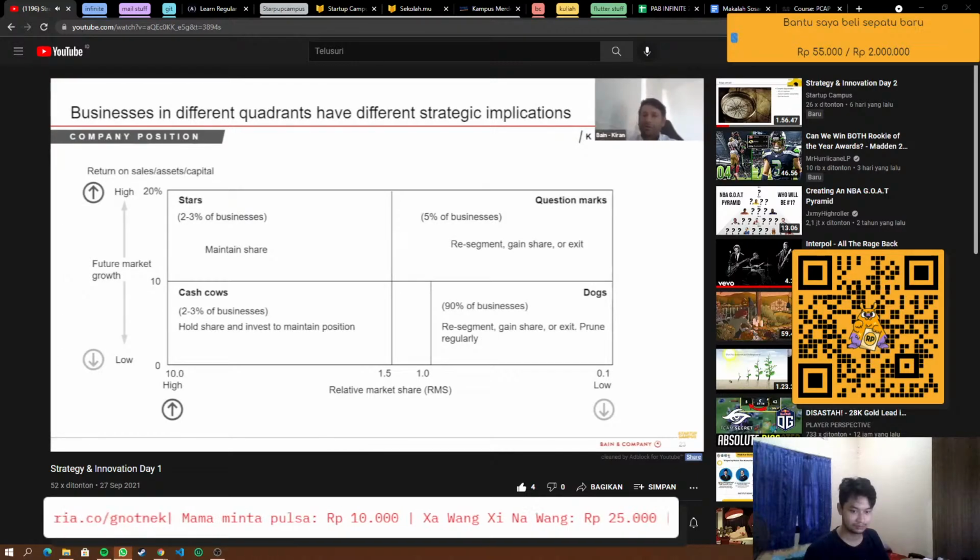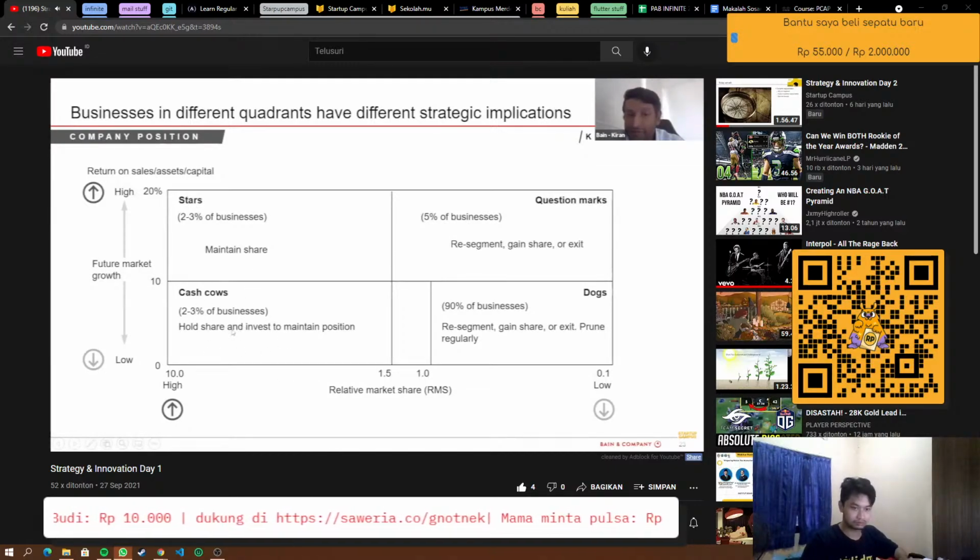And so typically, if you look at any existing business, this is our empirical data. Bain's done a lot of work with a lot of companies, and we typically see that 2 or 3% of your business are stars, and you want to maintain share for these businesses because the future market potential is very high, and you want to start moving them towards a higher market share. You have 2 to 3% of your businesses as cash cows.